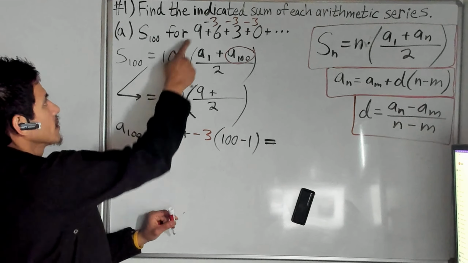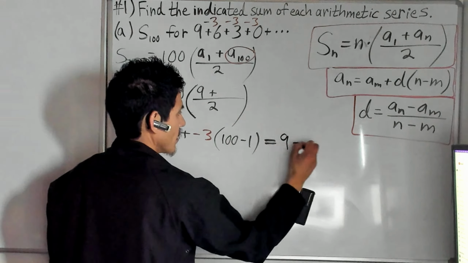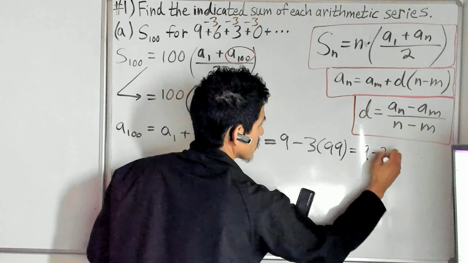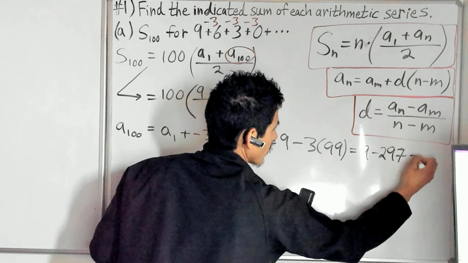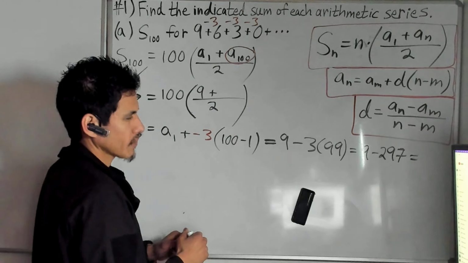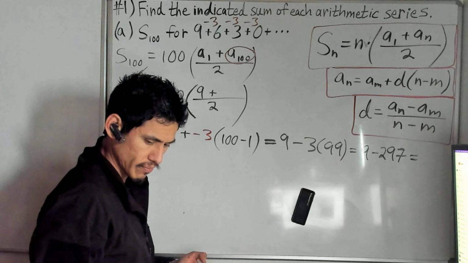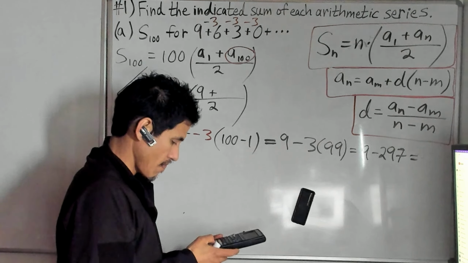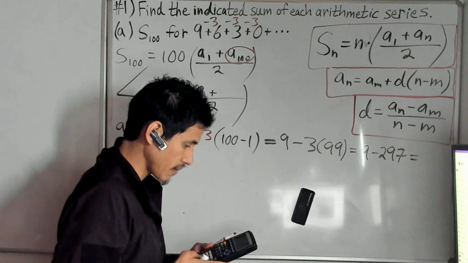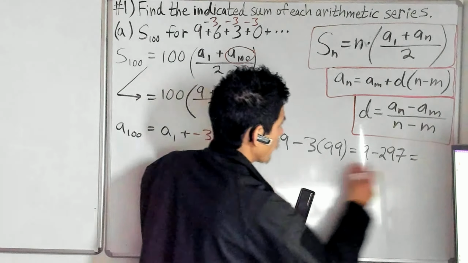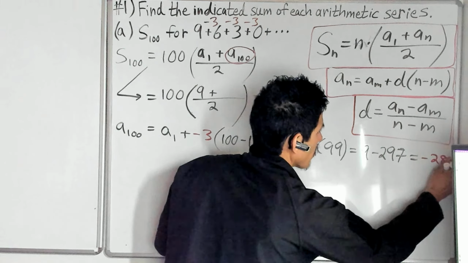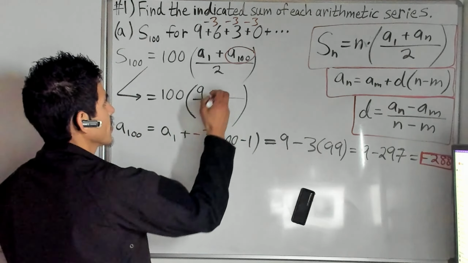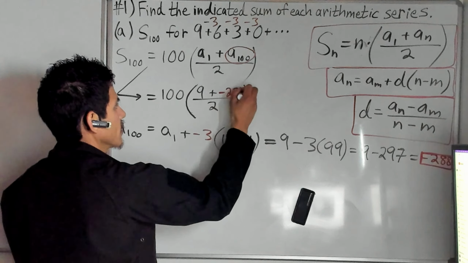So a1 is 9. So 9 minus 3 times 99, 9 minus 297. That should be -288, I believe. Let me ask my calculator. 9 minus 297. Yep, -288.